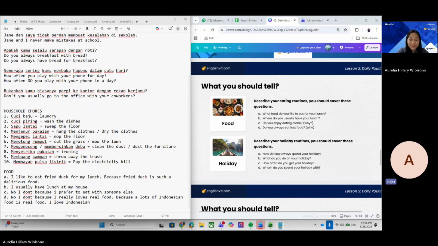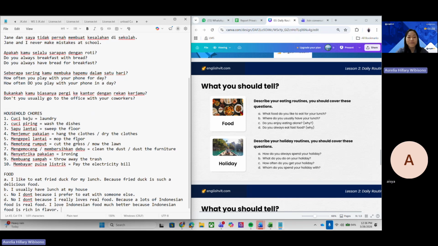Because Indonesian food has much taste and flavor more than foreign food. You can say it because Indonesian food is rich in flavor. Yeah, rich in flavor. Good job. And maybe you can also say spices, rempah-rempah, because Indonesian food is rich in flavor and spices.